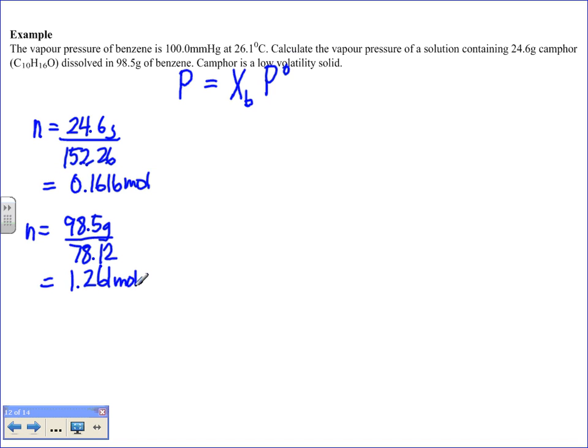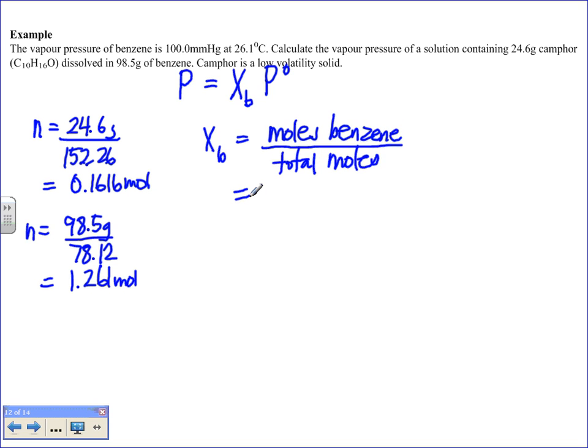Okay, so from this we can find the mole fraction of benzene, which is the moles of benzene over the total moles. And a reminder that when you're looking at mole fraction, you can always think about it as the percentage before you divide by 100.